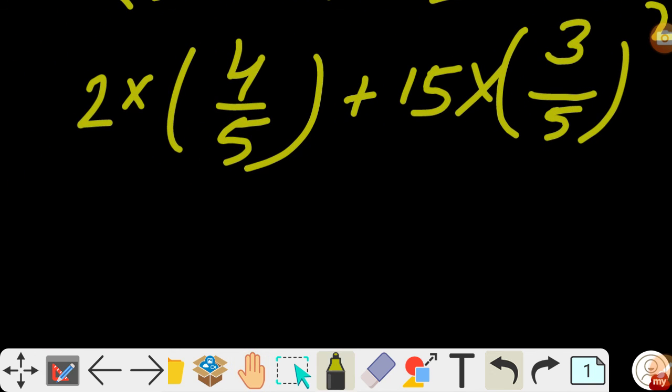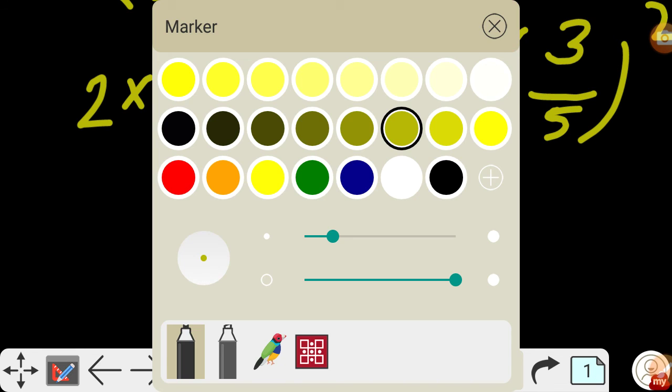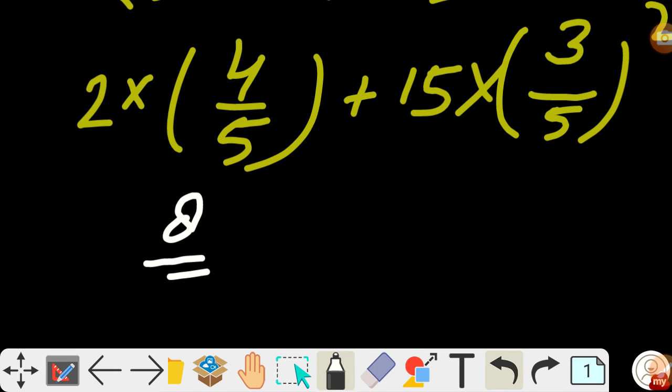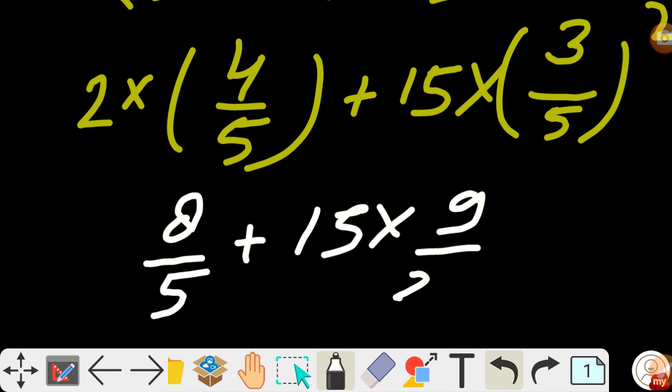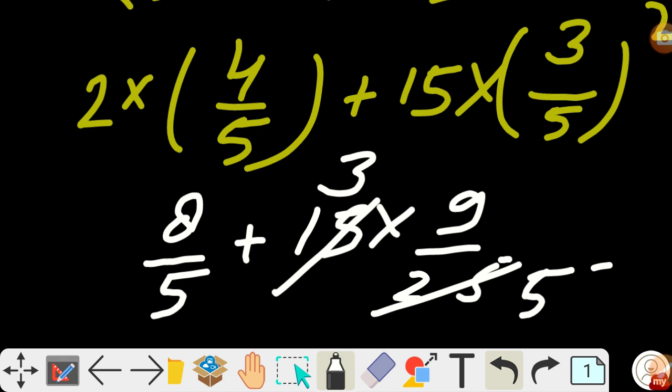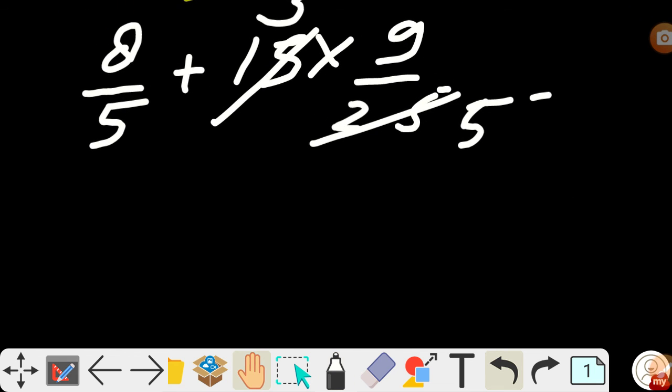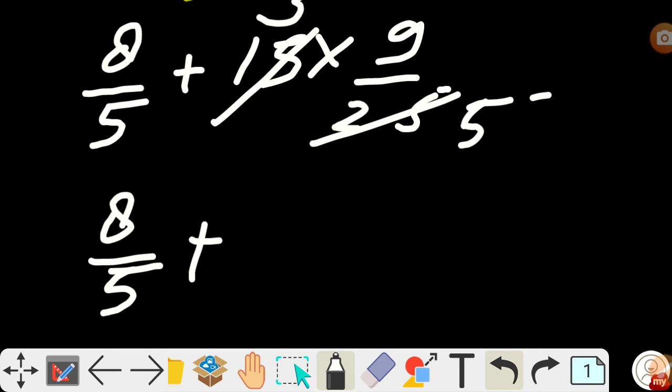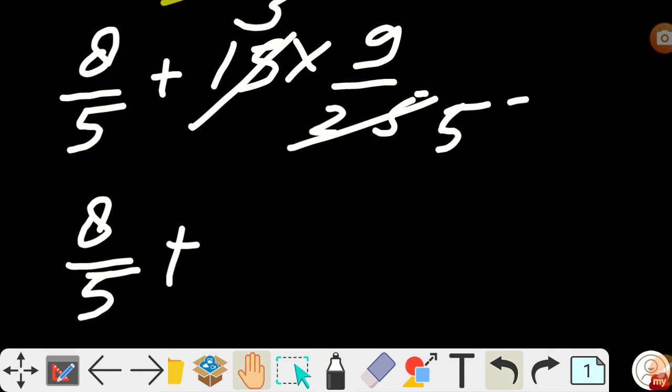2 into 4 is 8, so 8 upon 5 plus 15 into 9 upon 25. 5 fives are 25, 5 threes are 15. So 8 upon 5 plus 3 nines are 27 upon 5.